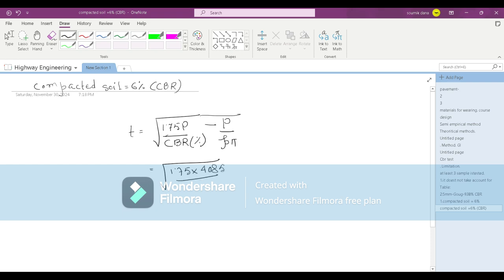These are the wheel loads, and for compacted soil it is 6% minus 4085 into 7, where 7 is the tire pressure, into pi, equal to 31.7 centimeter.